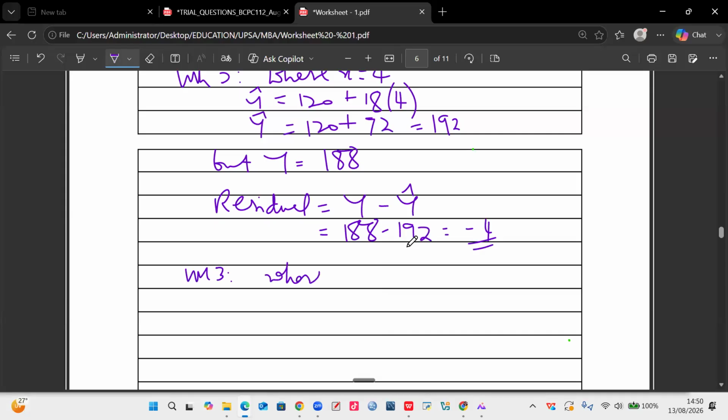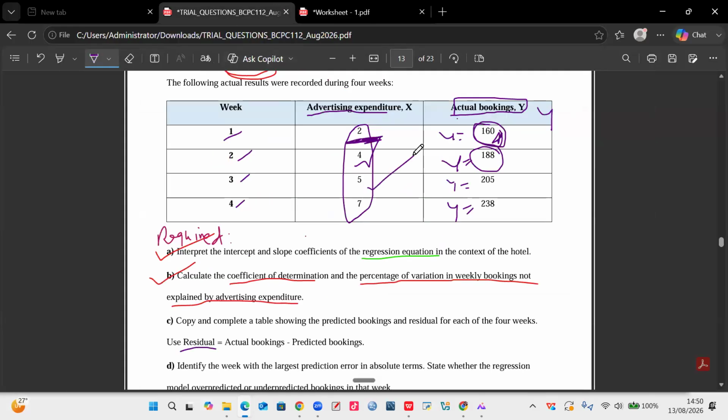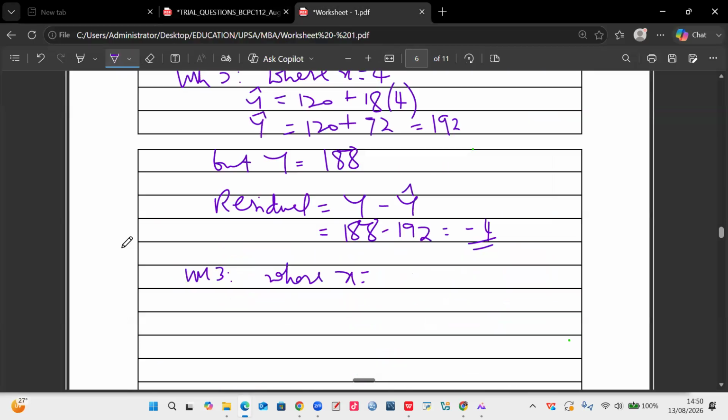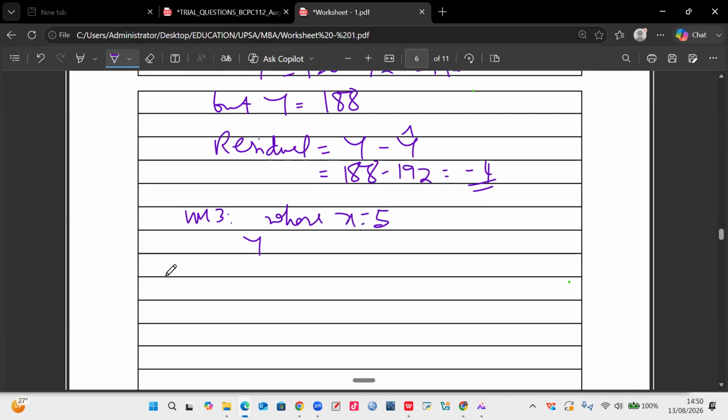Week 3, where x is 5. So y hat equals 120 plus 18 times 5. 18 times 5 is 90, and in all we have 210.